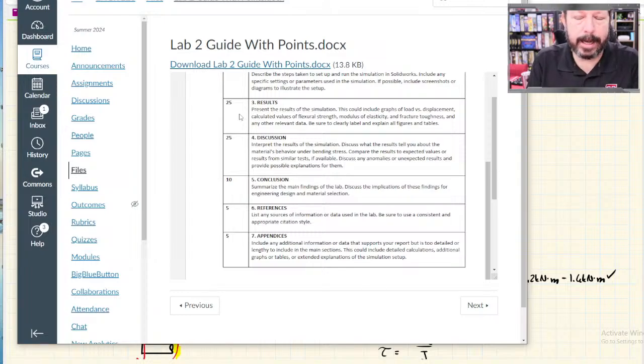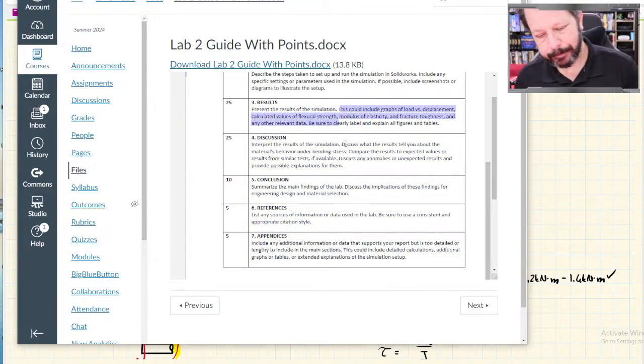You would not actually do a 3-point bend simulation or a tensile test simulation in SolidWorks. You would do some other kind of simulation, but this is more just getting familiar with SolidWorks. So it's not crucial that you have every one of these things that it says here in results. I can't highlight just results. You don't need all those. You just need one type of result.